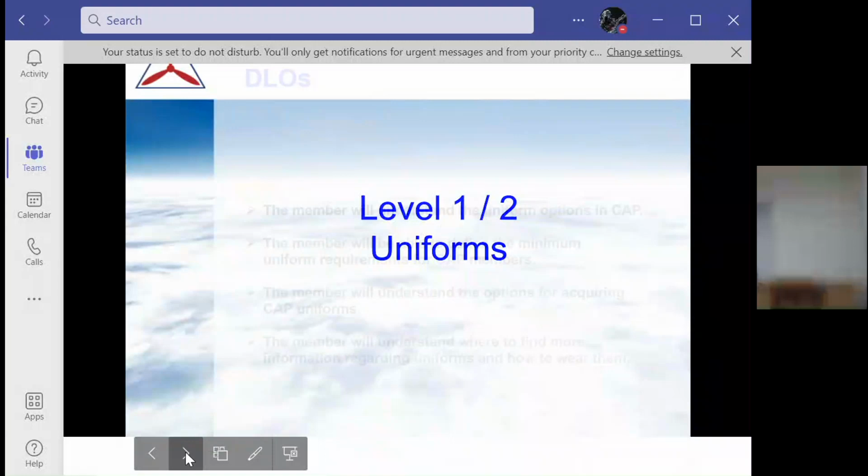You see some team member that's wearing it improperly. What would I ask myself? Correct. If I see, let's say, some random senior member wearing their blazer name tag on their aviator shirt at an encampment.